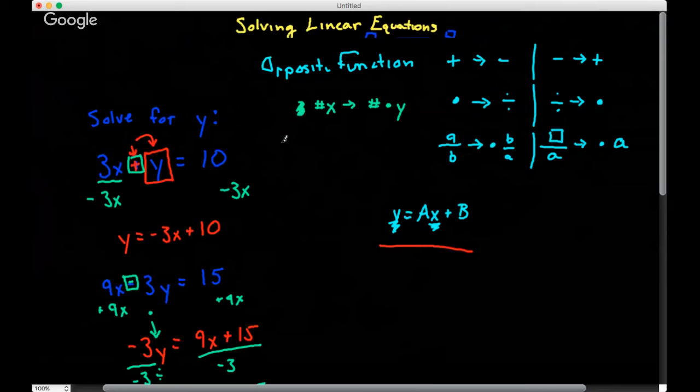Any kind of situation where you solve for one variable and there are two variables, you're isolating that single variable. So you're treating the second variable just like you would treat a number in those simpler problems, right? You're going to add or subtract it from both sides, divide it from both sides, whatever you got to do.